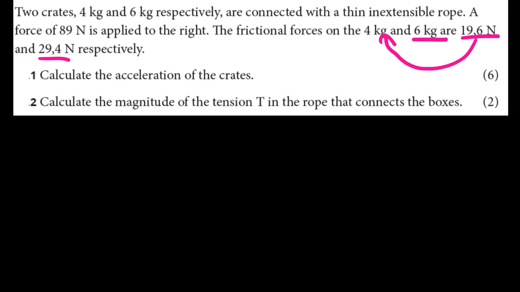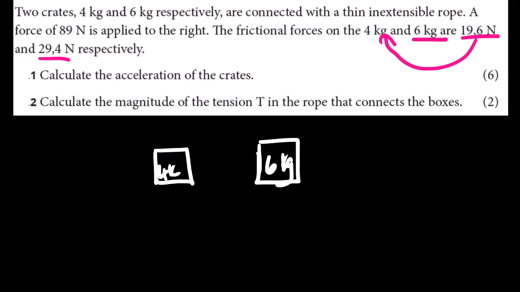Now, as usual, we need a picture form of this. So we have the first box, which is 4 kg. We have the second box, which is 6 kg. They're both connected by a string. Then there's an applied force in this direction.